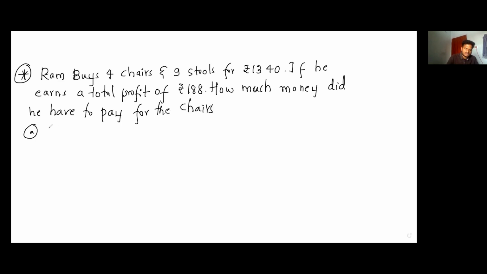Your options are A 200, B 400, C 800 and D 1600. How much money do you have to pay for the chairs?